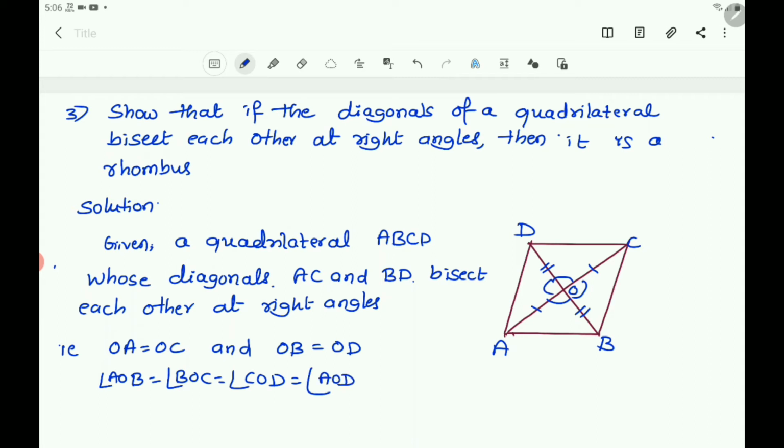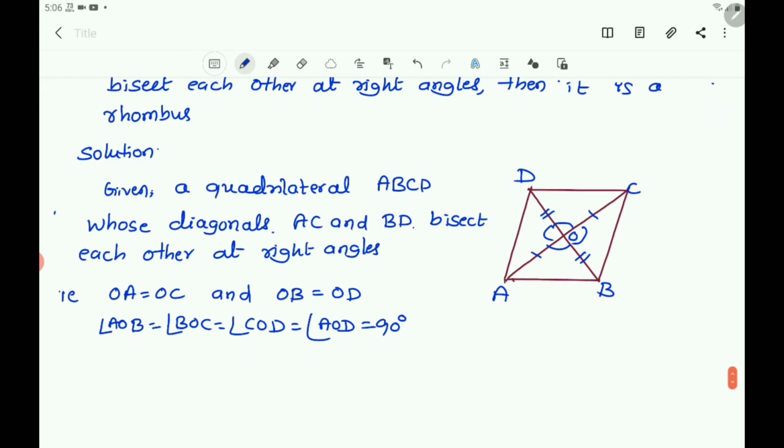They must be equal to 90 degrees. So they bisect each other at right angles means OA equals OC, OB equals OD, and the 4 angles formed at the point of intersection O are right angles. That is given here.